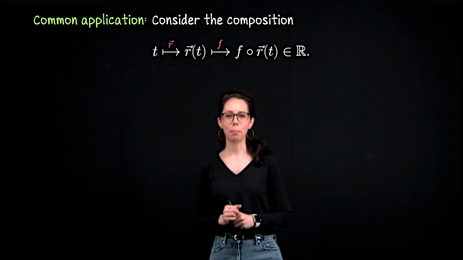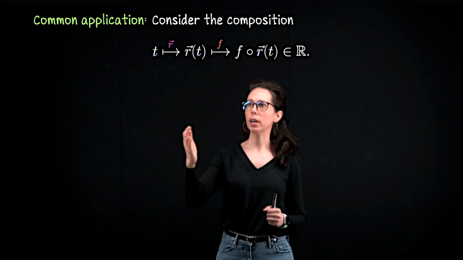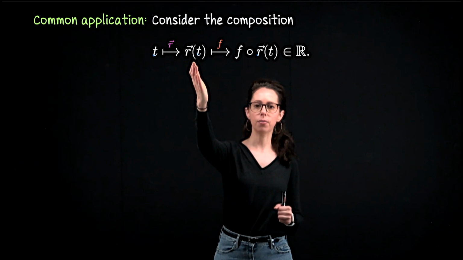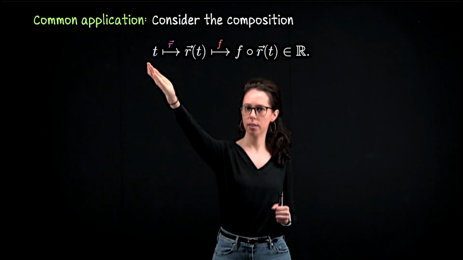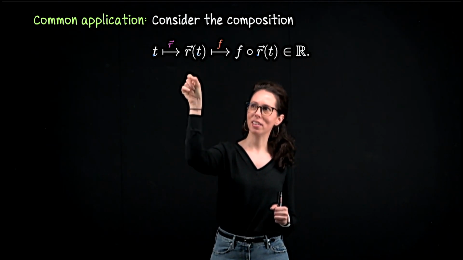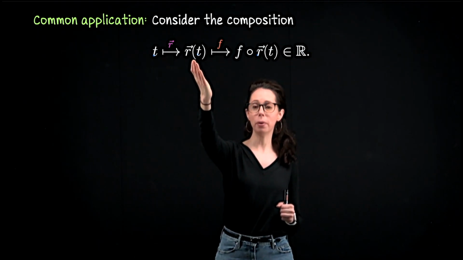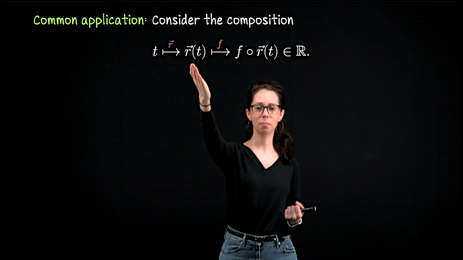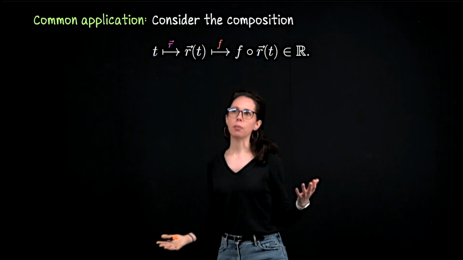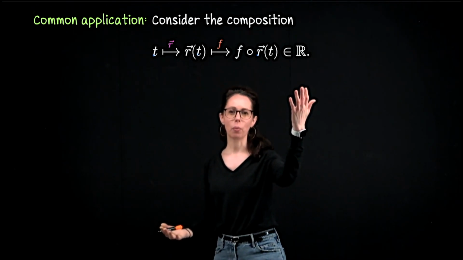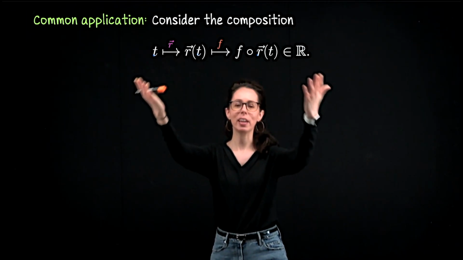Breaking this up piece by piece, what we have here first is a vector valued function on scalars. So t is a scalar. This little vector symbol I put over my r is trying to indicate that the output here for this first map is a vector. We're talking about a chain rule, so we're assuming that where we're about to assess differentiability, everything here is differentiable.